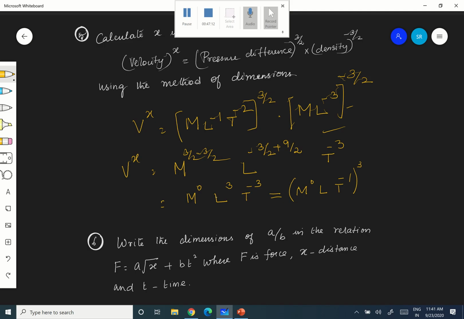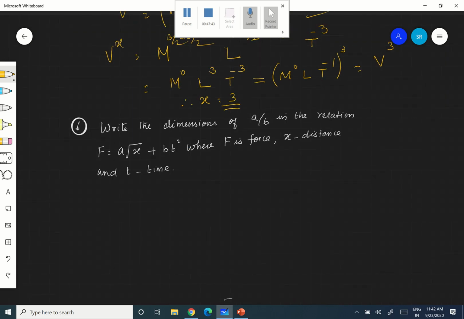L T power minus 1 is velocity, so velocity whole cube, that is nothing but v cube. Therefore, what is the value of x? x is equal to 3. Very simple.